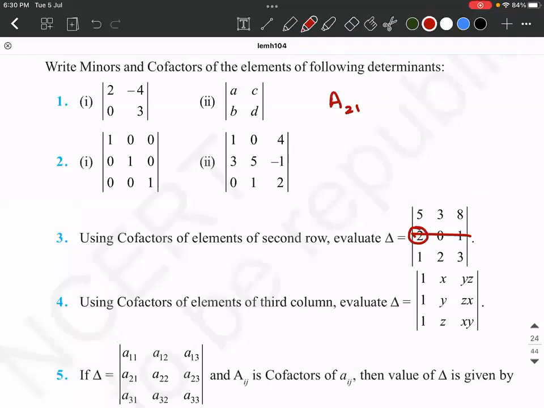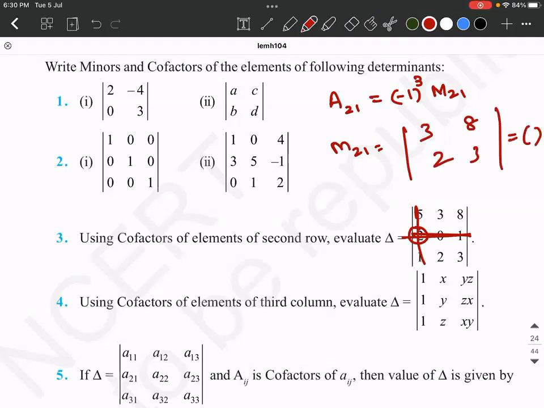So A21 will be equal to minus 1 power 3 into M21. Hide this row and this column. You are having the remaining minor, so find this value and multiply it here. That will be the answer. Similarly, do it for 0. Similarly, do it for 1. Can you do that?